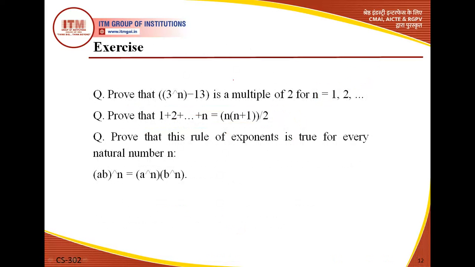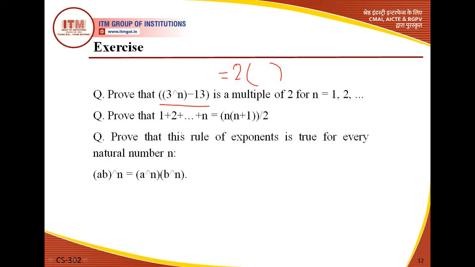Now let's see certain exercise questions that you have to do. The first one says 3 to the power n minus 1 is a multiple of 2. So you have to show this equals 2 into something. You should be able to write this as 2 into something. You have to prove this.